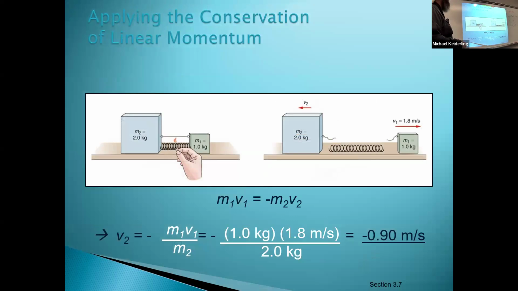So velocity two equals minus mass one times velocity one divided by mass two. So minus one times 1.8 divided by two, which will be negative 0.9 meters per second. So this has double the mass, so it ends up with half the velocity in the opposite direction. That's what happens when you start with zero momentum.